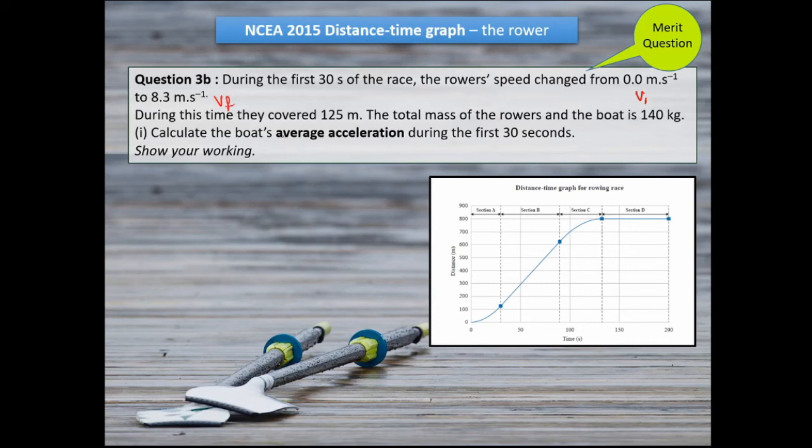During this time they covered 125 meters, so that's distance. The total mass of the rowers and the boat is 140. Calculate the boat's average acceleration during the first 30 seconds. So the first 30 seconds is section A, basically.